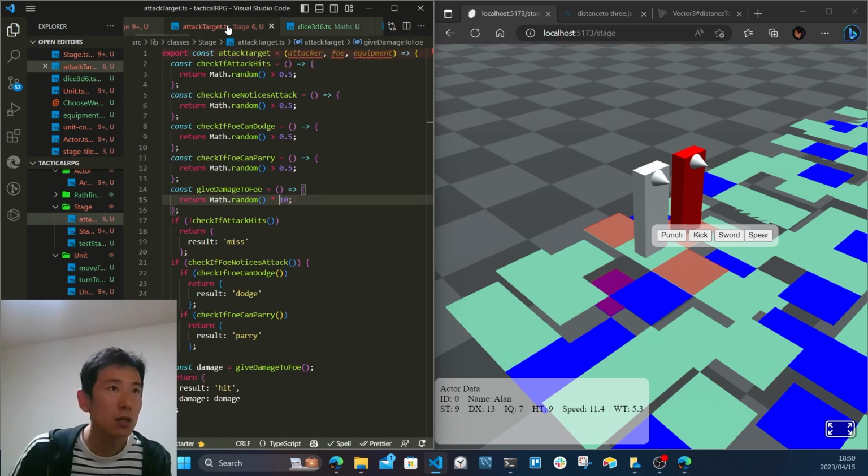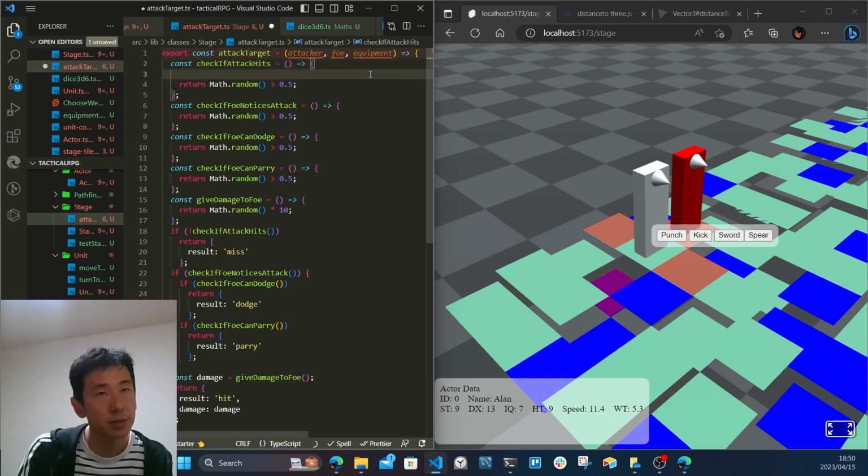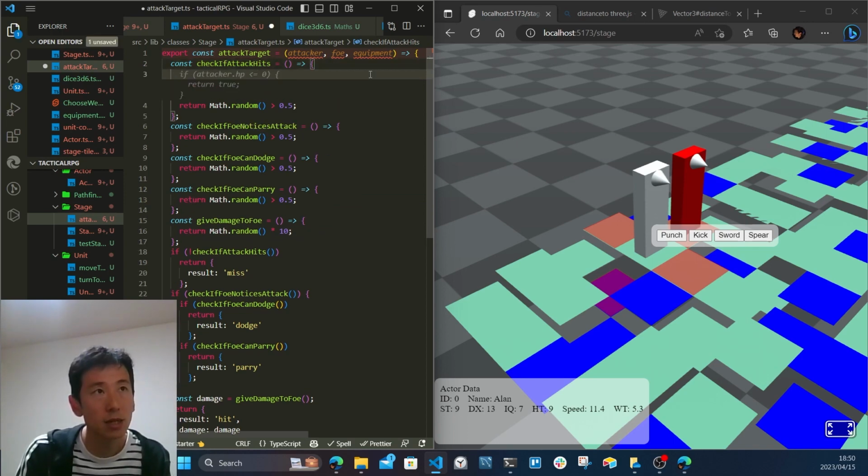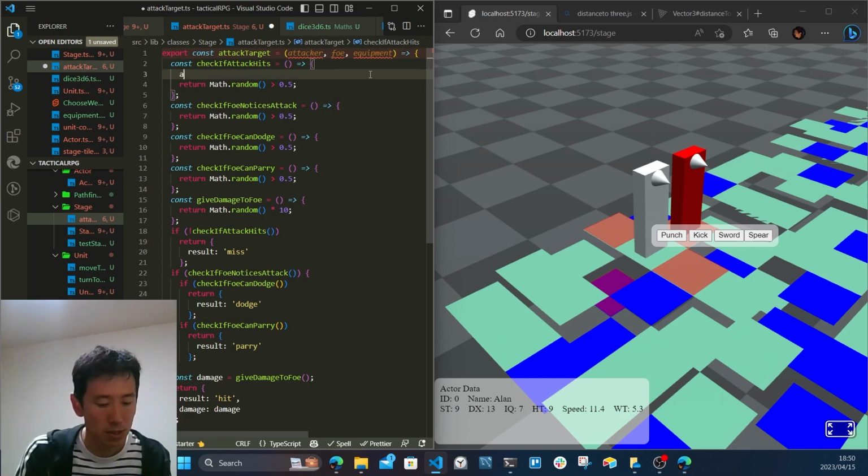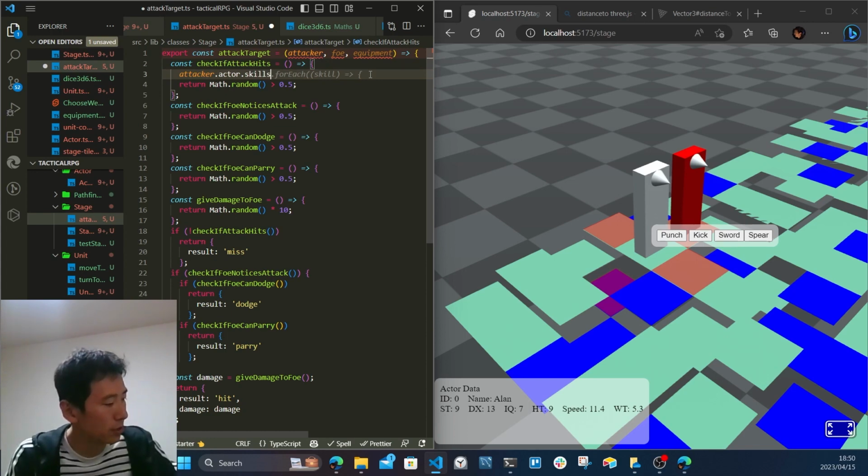Now the attack function: whether the attack hits the target. The attacker's skill is the skill related to the weapon itself.